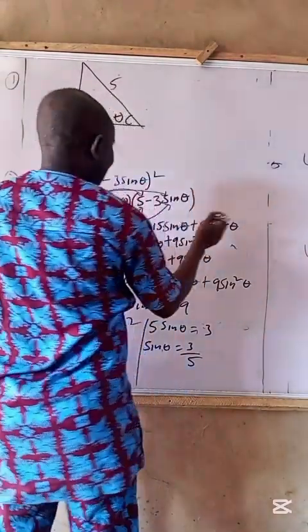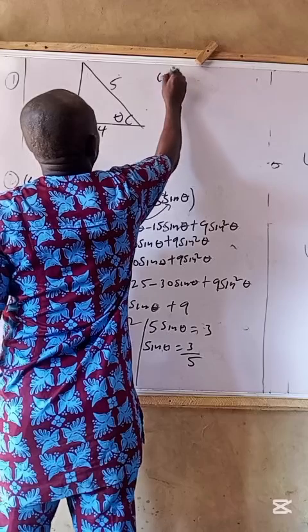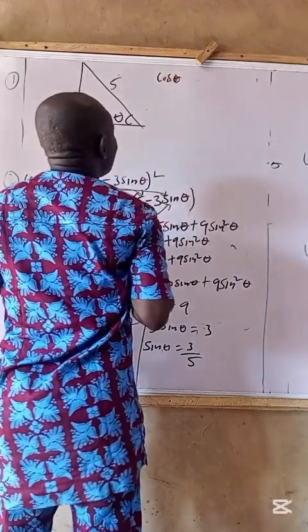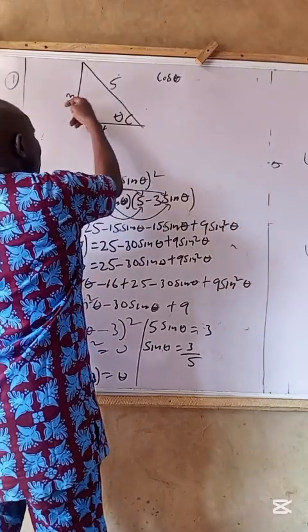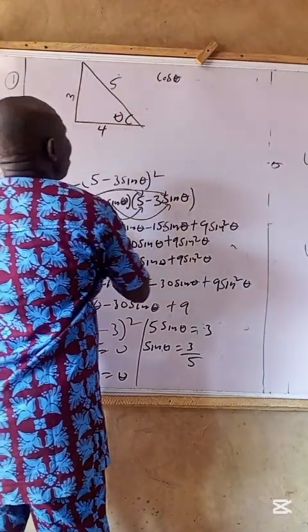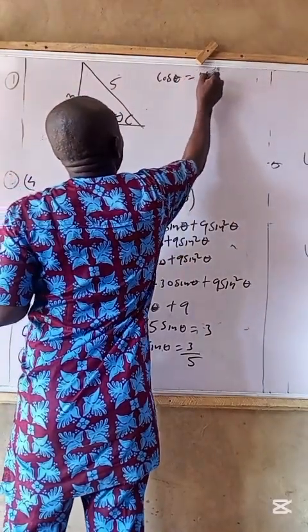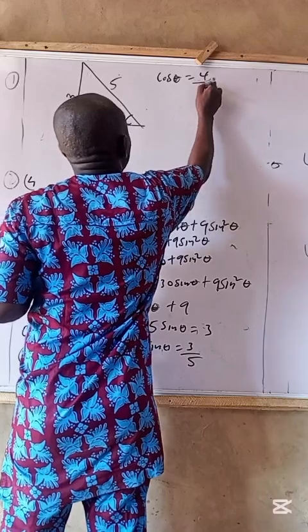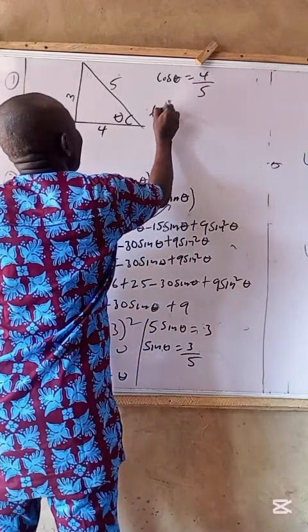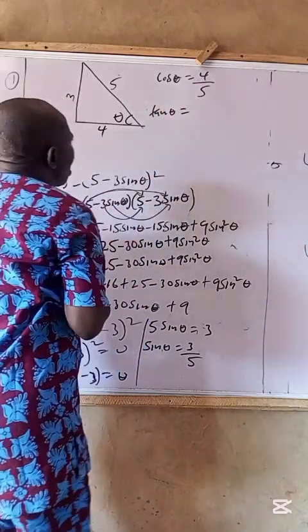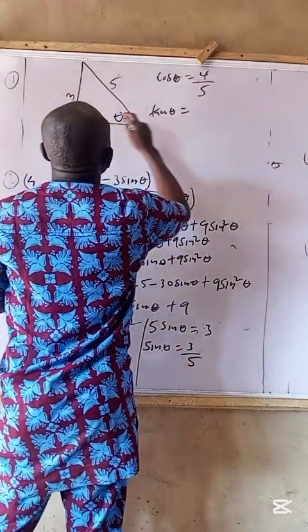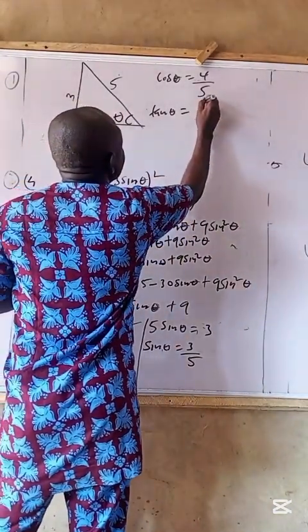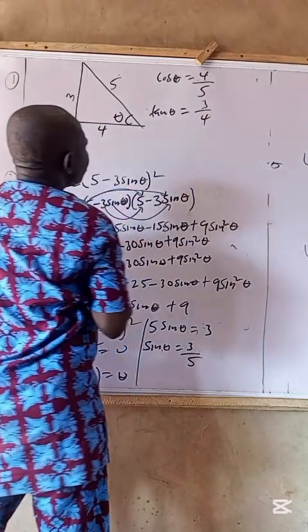Having done that, we can find the cos, the tan, the cosec, the sec. Our cos theta, from SOHCAHTOA, is adjacent over hypotenuse, so cos theta equals 4 over 5. Tan theta, that's TOA, opposite over adjacent, is 3 over 4.